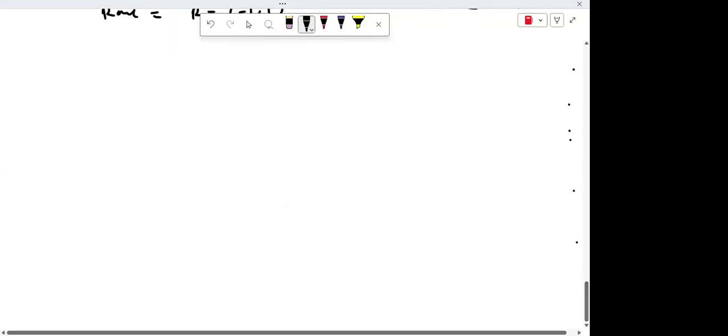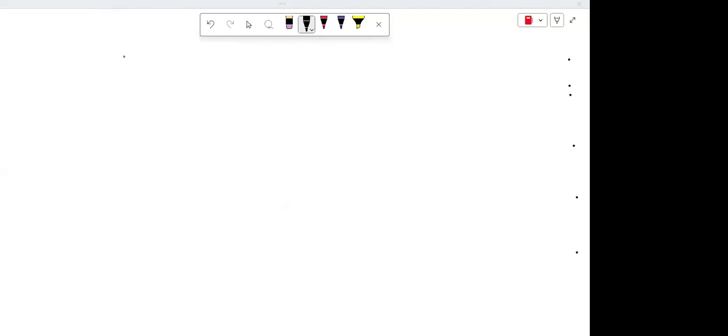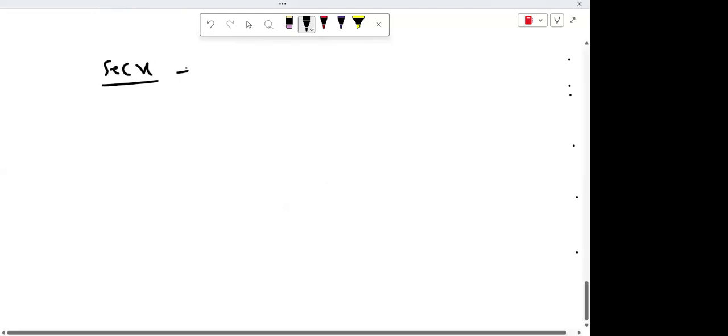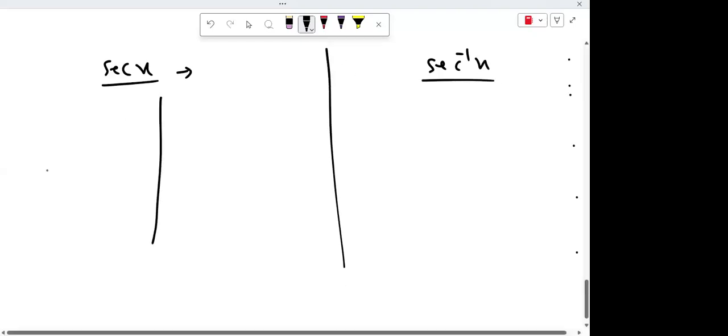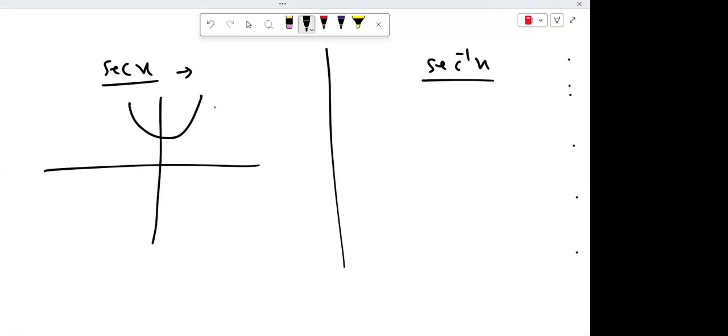Yes. Next is the last one, which is sec x and sec inverse x. For this graph, it just shifts something like this. This value is pi by 2. Again, we have it like this. So we restrict the graph from 0 to pi.